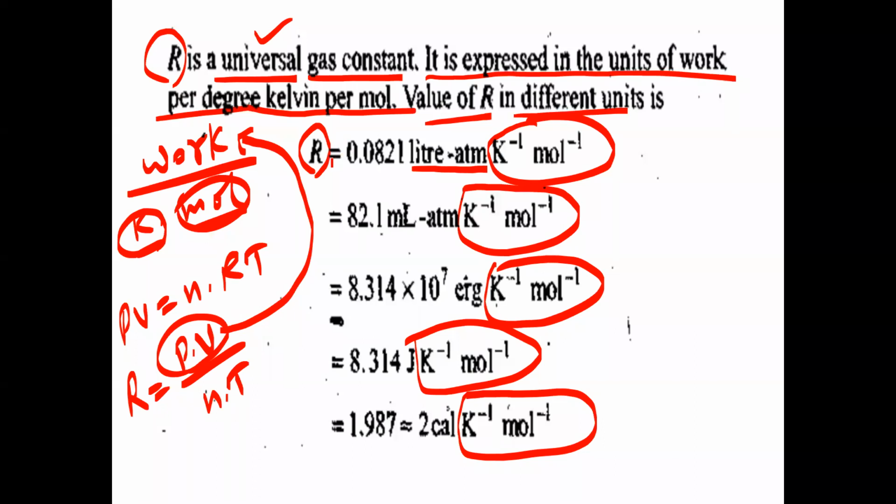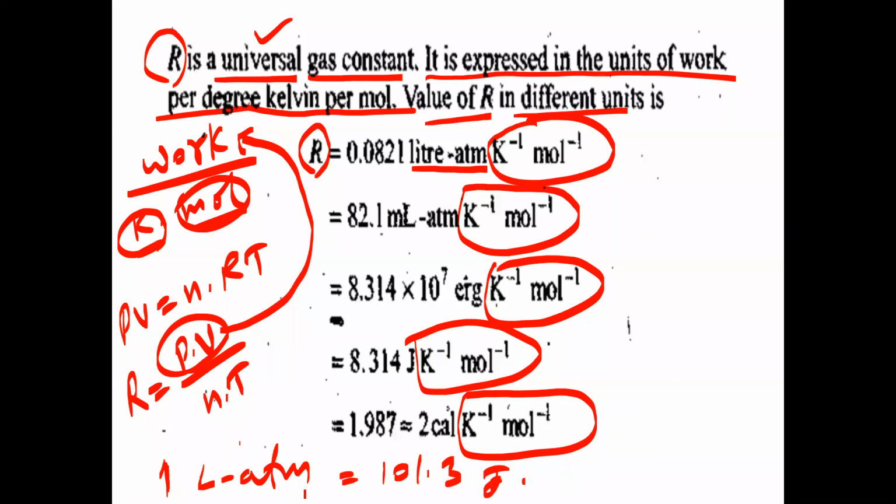Next, check it here. Suppose the work done by the gas is taken in liter atmospheres, that means in P into V, volume in liters and pressure in atmospheres. So liter into atmospheres will be the work done by the gas. What we have to remember is that 1 liter atmosphere is equal to 101.3 joules.